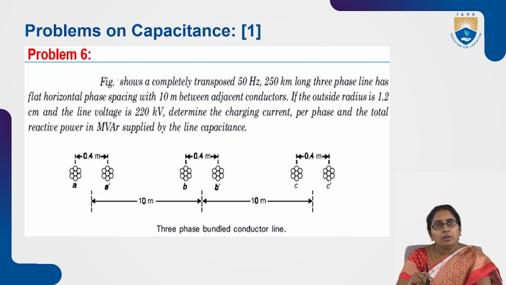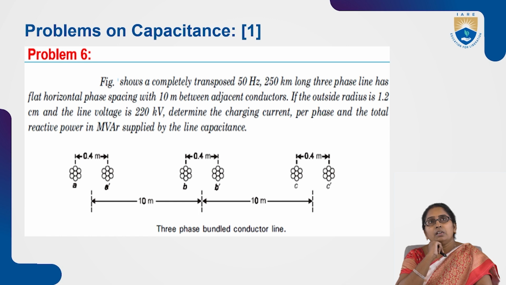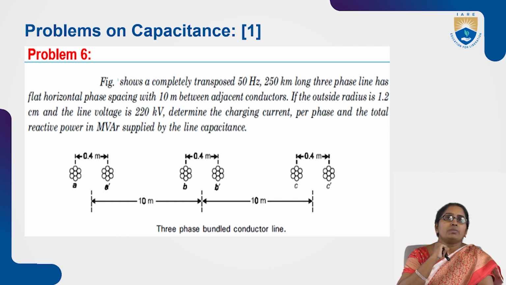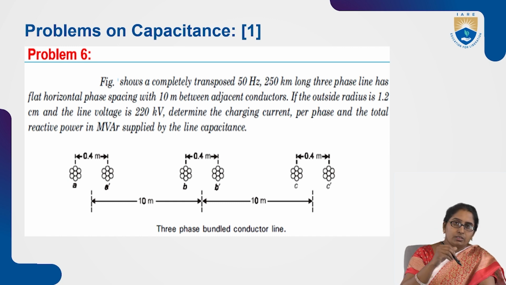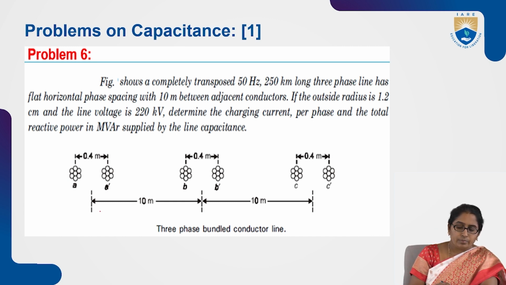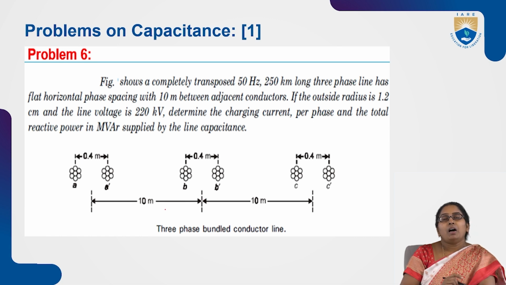Now the next problem. The figure shows a completely transposed 50 Hz, 50 kilometer long three-phase line. The length of the line is given as 50 kilometers. It has horizontal phase spacing with 10 meters between adjacent conductors, as clearly shown in the diagram.